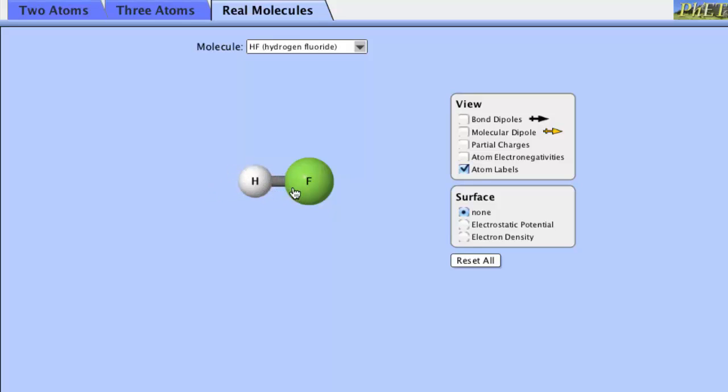Hence, it will pull the electrons in the bonding pair closer to it and farther away from the H. And so you should observe that the dipole should be in this direction, going towards the F and away from the H. And in terms of your charges, the fluorine should have a partial negative charge and the hydrogen should have a partial positive charge.